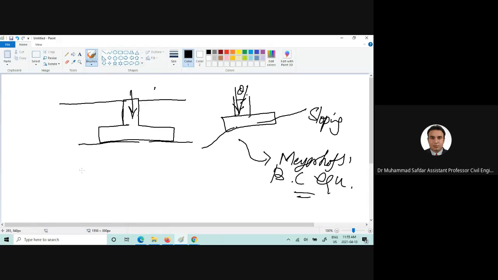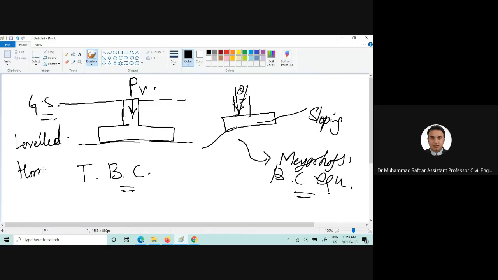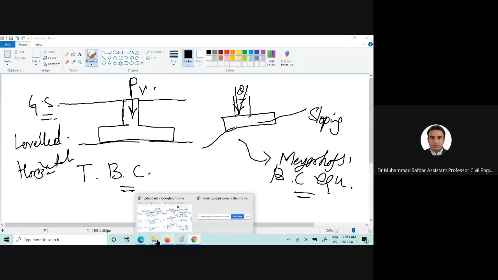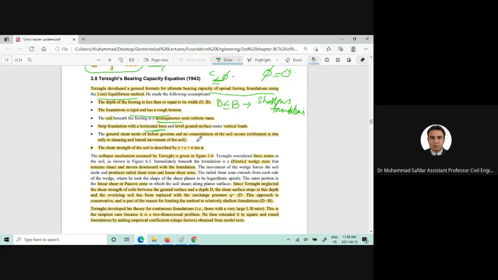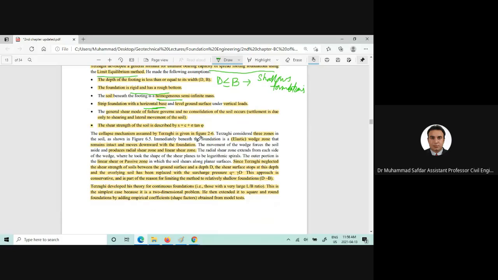So in Terzaghi's bearing capacity equation, he assumed that this load is vertical and the ground surface is leveled or horizontal. Okay. So these are the assumptions.